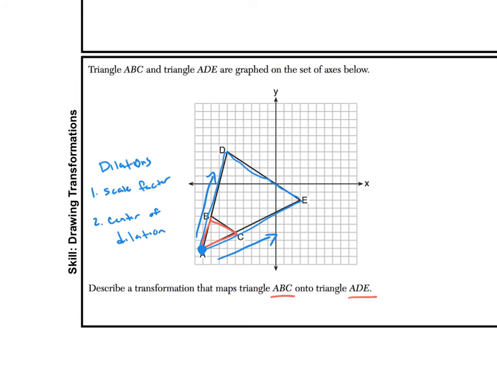So we could say a dilation centered at point A. Now we have to find out the scale factor. The way you do that is by counting how far each of these triangles are from the center of dilation.